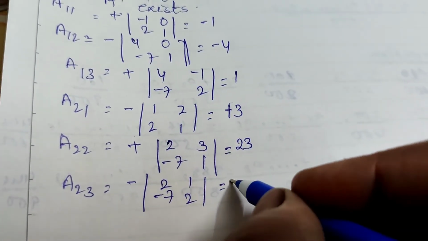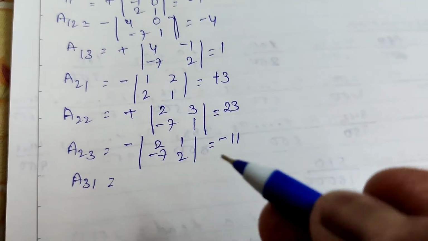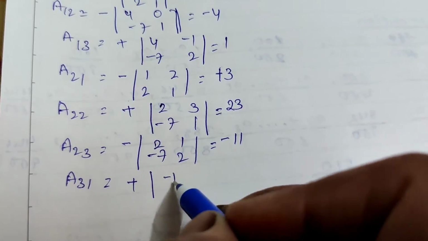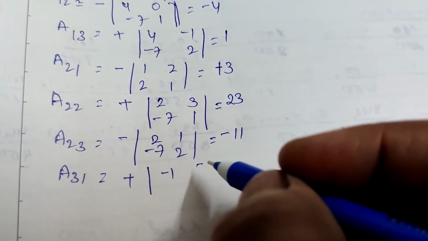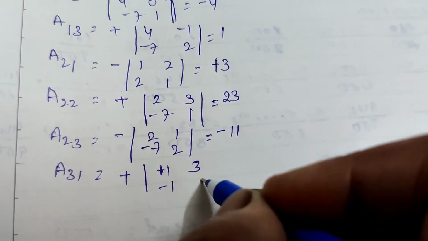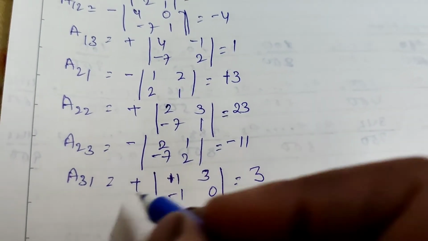And A31: 1 3 minus 1 0. Third row, first column, 1 3 minus 1 0. It is plus 3.